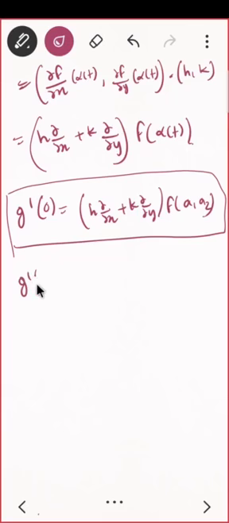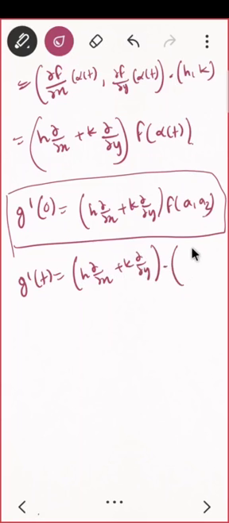What is your g dash of t? This numerator part, that is h dou by dou x plus k dou by dou y, multiplied with this guy. First we have to solve this a bit. This is f of alpha t. So you have to differentiate this again.